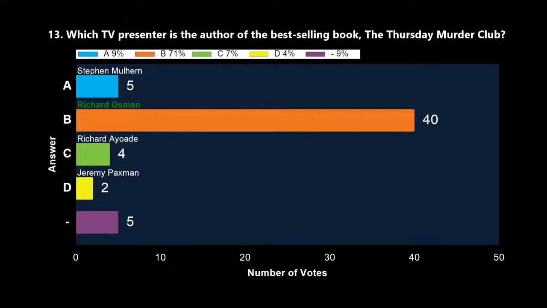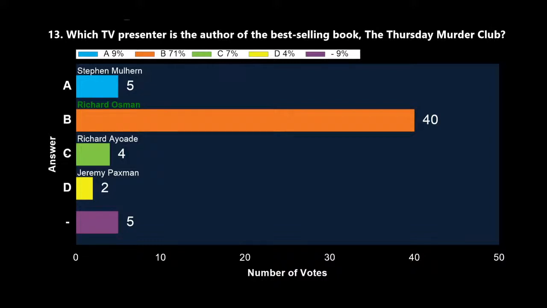So 5 going for Stephen Mulhern, 4 for Richard Ayoade, and 2 for Jeremy Paxman. Found out recently that bizarrely Richard Ayoade, I believe, is related to us by marriage. That's one for another time.